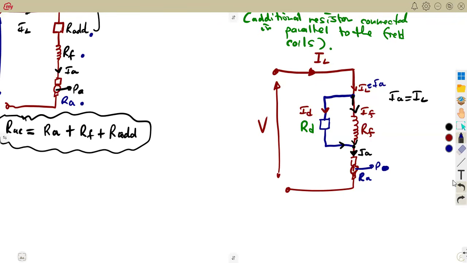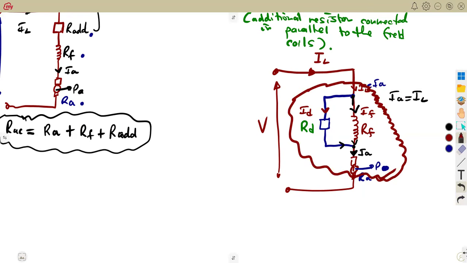Meaning to say, where the load current is flowing, the armature current is also flowing. It is the same current. So it is the same load current here, which branched here, which affected these two, these two that are in parallel. So they are going to be part of the resistance of the armature circuit, because this is where the armature current is flowing.